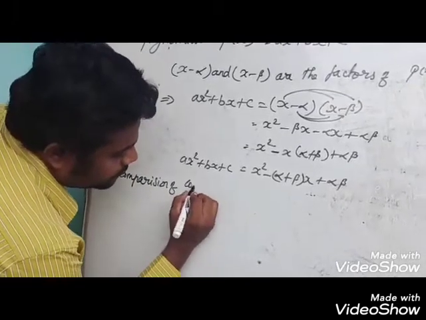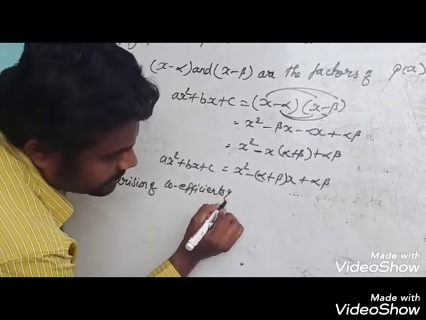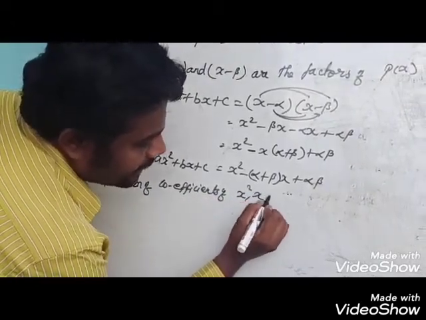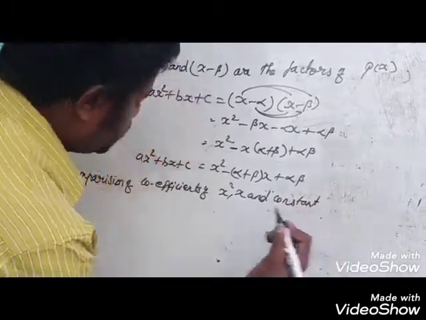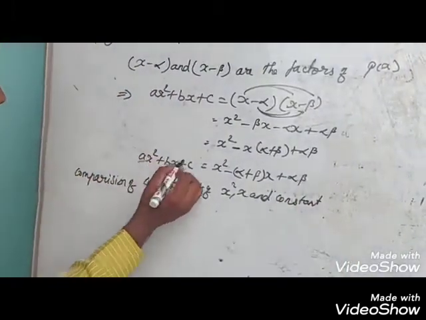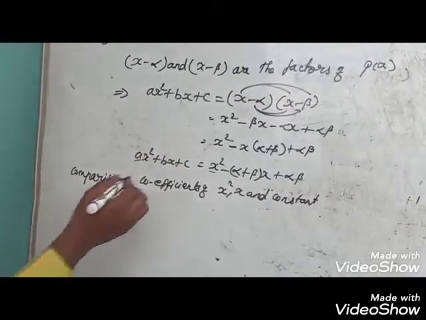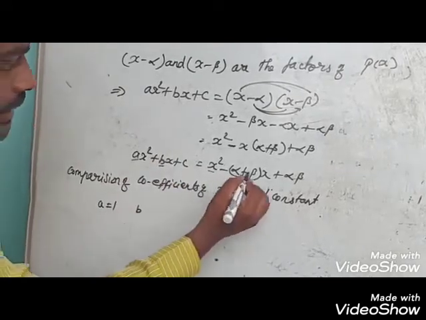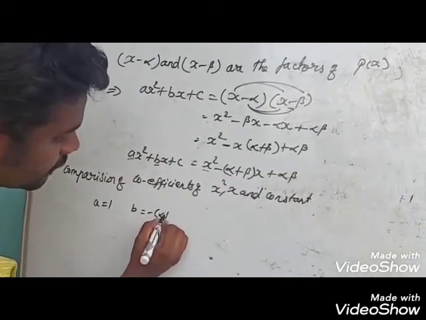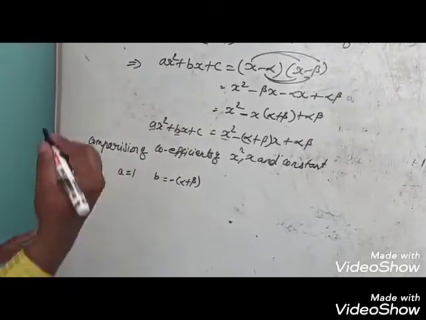Now we compare the coefficients of x square, x and the constant. Here a and here 1, so a equals 1. Then b, the coefficient of x, equals minus of alpha plus beta multiplied with 1.